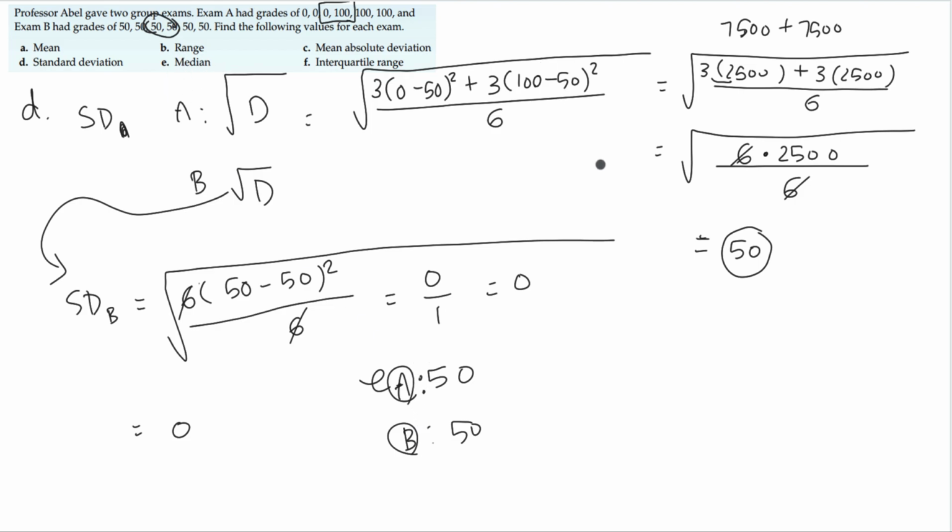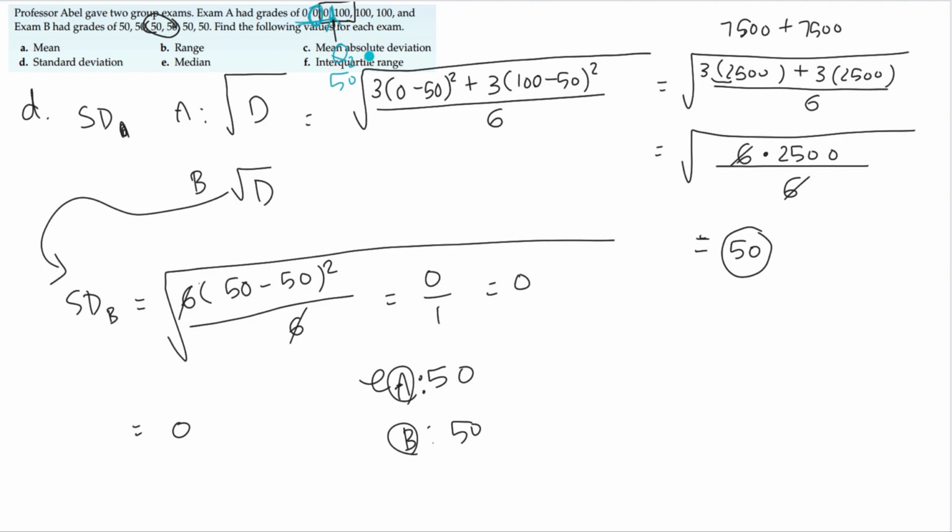How about interquartile range? To find the interquartile range, you need to find Q1, Q2, and Q3. Q2 we already found, right? So Q2, for this one, let me use a different color. Q2 is 50. How about Q1? Q1 is in between. Q2 is right here. So Q1 is the median of the lower values.